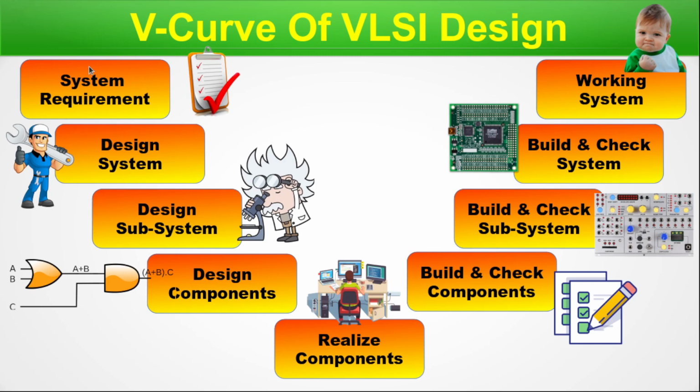If you are inside a VLSI company that makes chips, you might find yourself at the first go. If you are a beginner, you might design components first, and the folks senior to you might design a subsystem, and people senior to them might design a system. So these are very parallel. Whoever is designing is also checking. That means you are designing components and you are checking components.